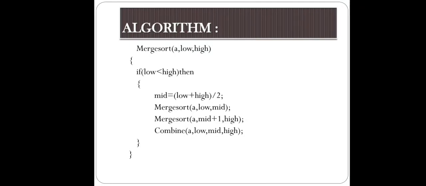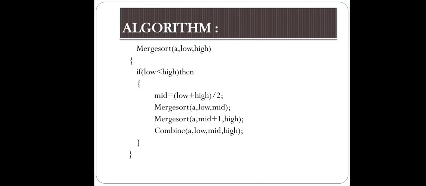So here is the algorithm for a merge sort. In the merge sort algorithm, here we can see we are finding the middle element by low plus high by 2. Then first we call the merge sort function from low to mid, that is the first half part we have called.